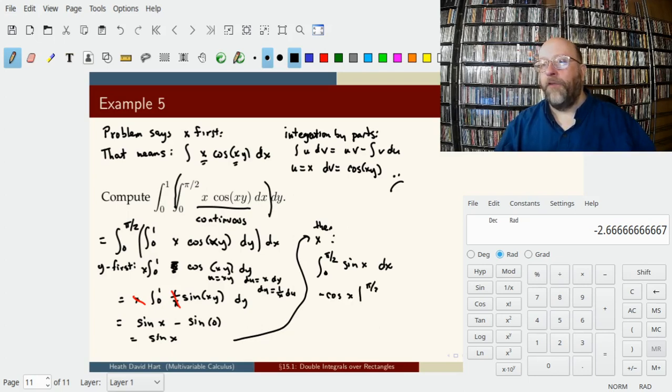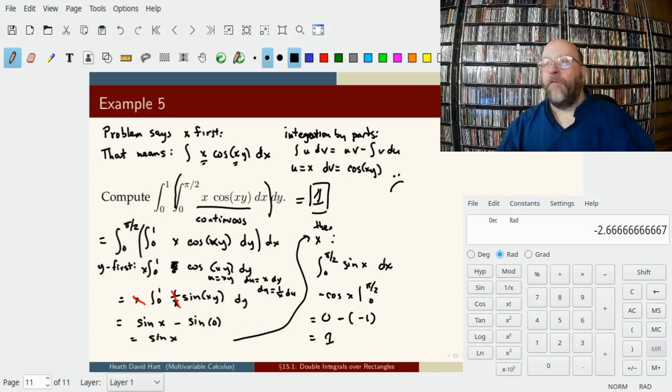Plug in pi over 2, plug in 0. When I plug in pi over 2, I get 0. When I plug in 0, I get negative 1. Negative cosine of 0 is negative 1. 0 minus a negative 1 is 1. And so that's our answer.